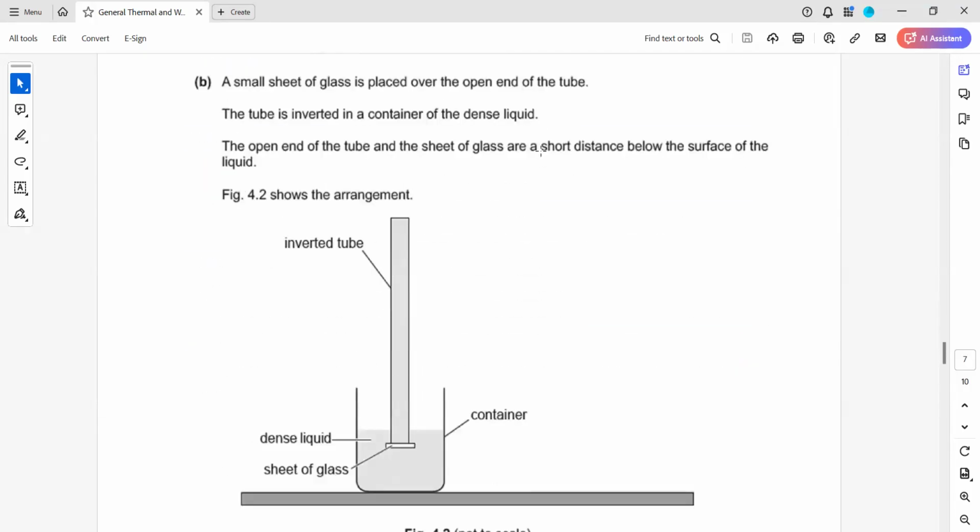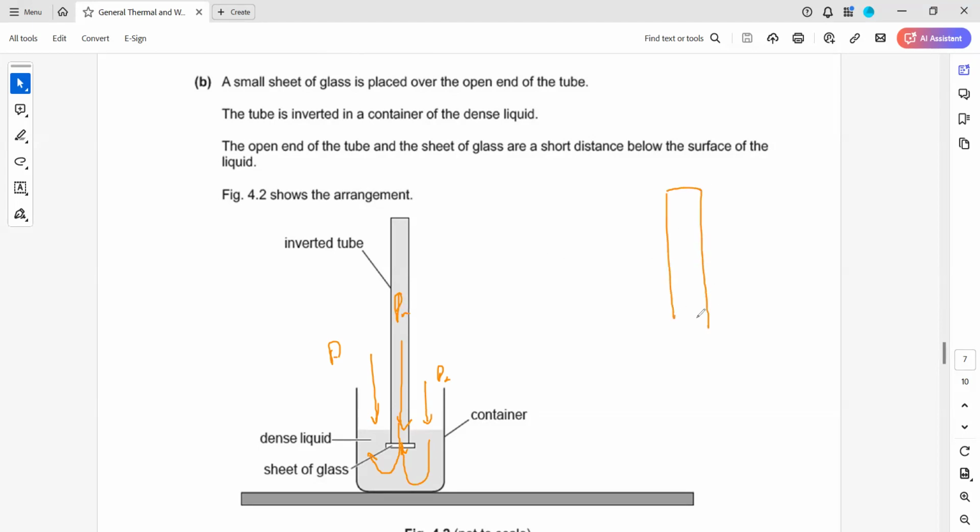So initially when we remove this glass sheet, the pressure of the liquid in the inverted tube is more than the pressure of atmosphere. So as a result, the liquid will move out. And eventually it will stop. When will it stop? When the pressure of the atmosphere from outside equals the pressure of the liquid from inside.